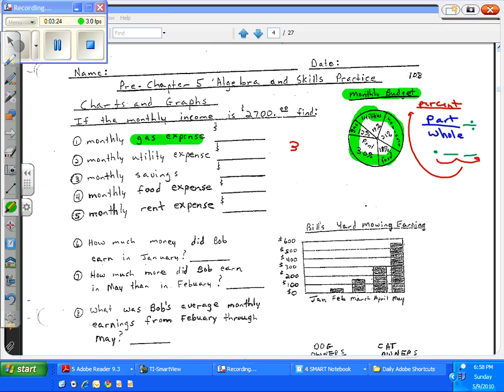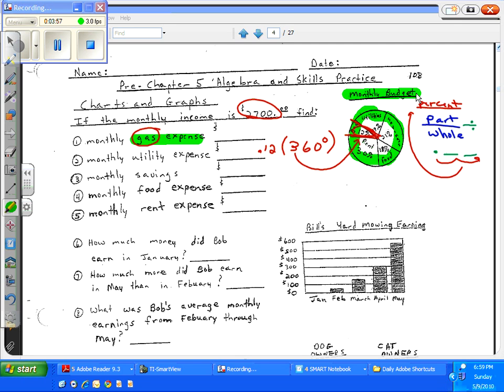Now, a circle is 360 degrees. So if we knew the amount of gas expense, and we could put it over that total, we could get a percentage, and we could multiply that percentage times 360 degrees. We already know actually the percentage of gas, 0.12. You could multiply that times 360 and get the angle measure instead of the percentage.